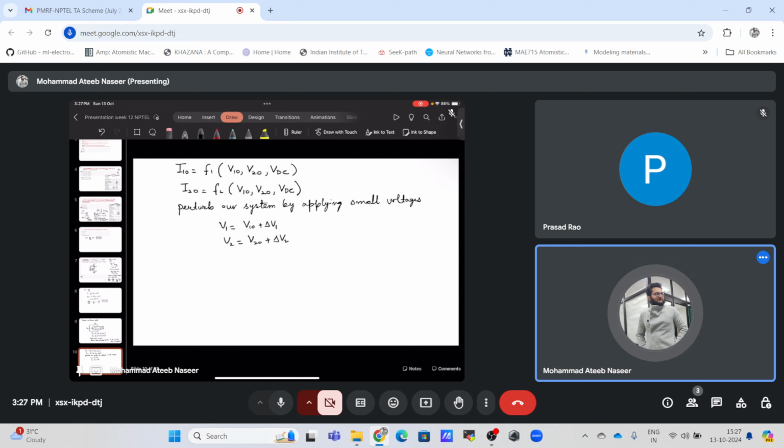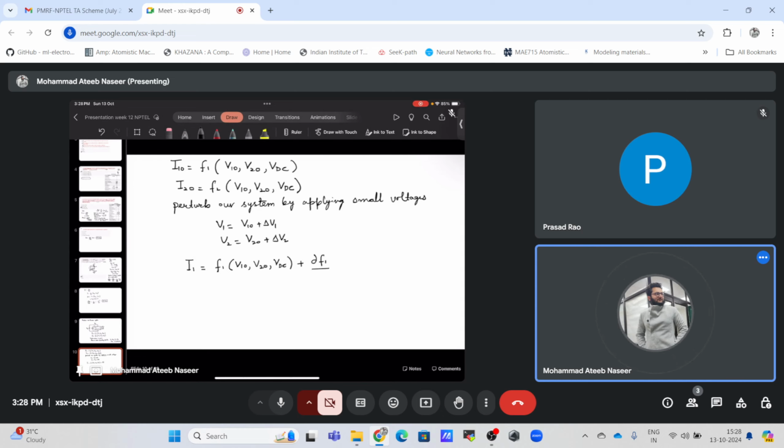Now if I write down the Taylor series expansion for I1, first of all we will simply have the term at the initial operating point, which will be f1 of V1 of 0, V2 of 0 and VDC. Now we will have the derivative of this function with respect to V1, at constant V1 of 0 and V2 of 0, times delta V1.